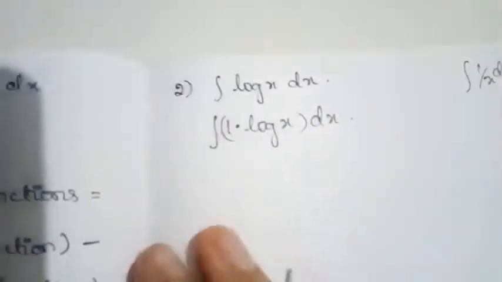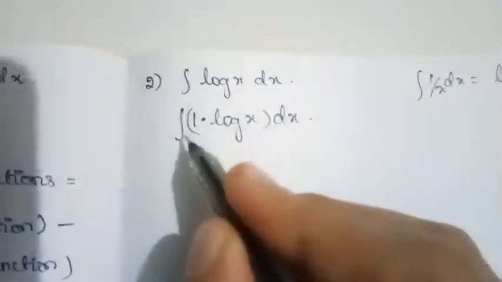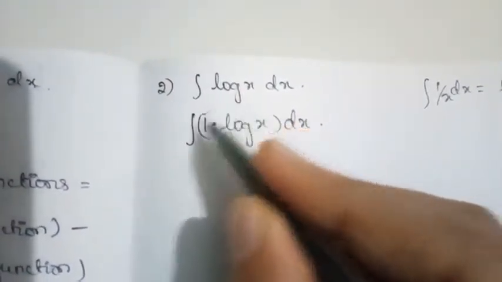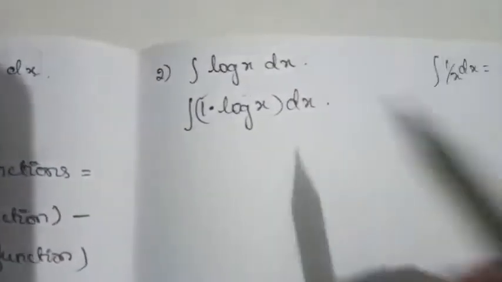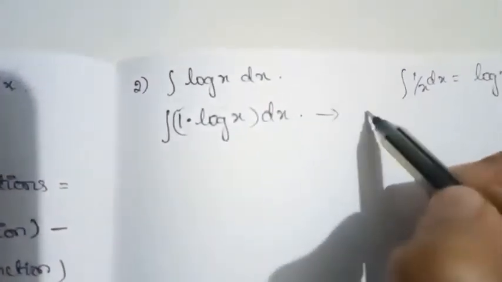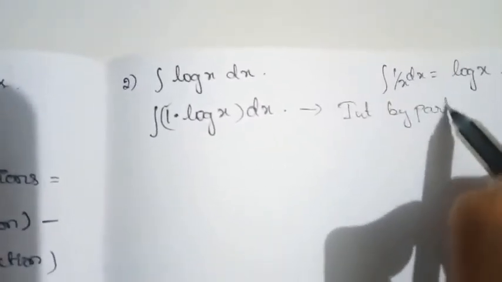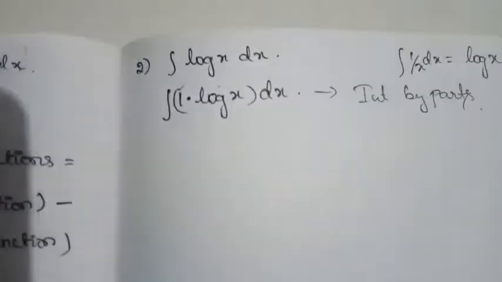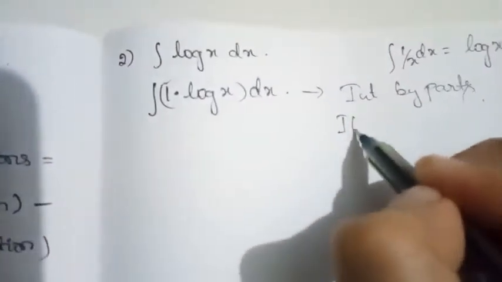1 into log x is log x itself. So now in 1 into log x, 1 is a constant function and log x is a logarithmic function. So we have two functions, and we can deal with integration by parts. To do that we need to consider the first function and second function. What is the rule we are following?